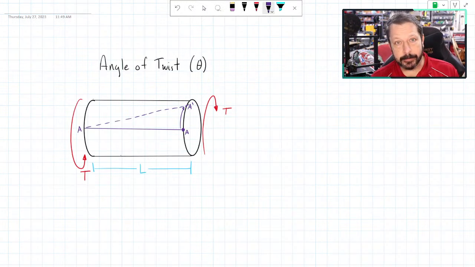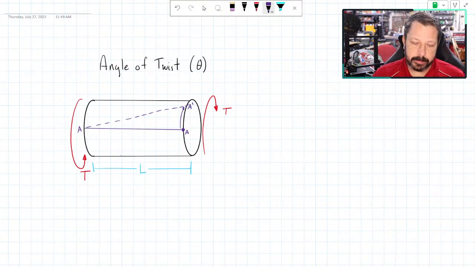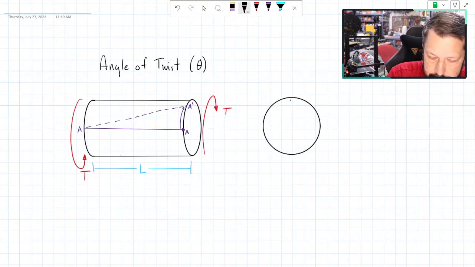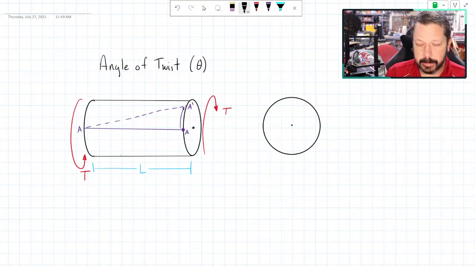That's if we had physically gone and drawn a line on the outside of the shaft and twisted it, that line would do something like what I've created here. The angle of twist is related to that amount of twisting. So if we were to look at the end of this thing, something like that, here's the center of the shaft.